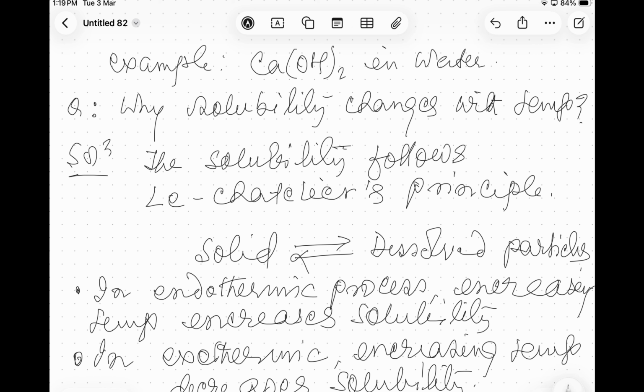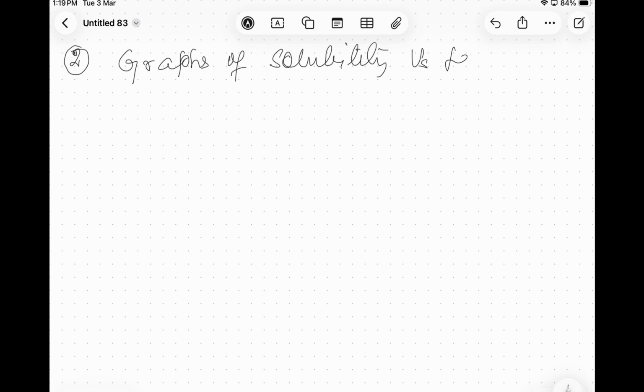Now let us look at the graph. Here I am trying to write the graph of solubility versus temperature.